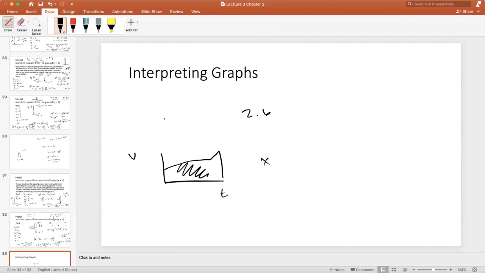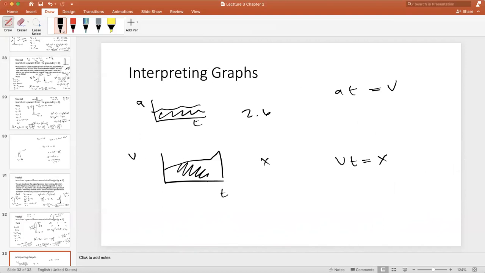The area under a curve of an acceleration versus t graph gives the velocity. So you can think of a times t gives you v, and v times t gives you x, okay? And that's what the area is. It's this times this, like a rectangle.